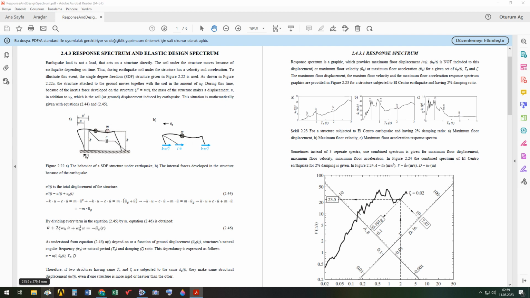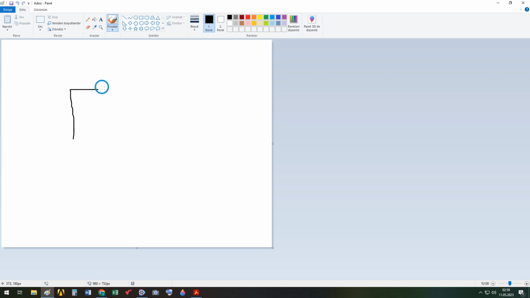For example, consider that we have one huge structure and one small structure. The huge structure has larger dimensioned column cross sections and beam cross sections, and it has a greater lateral stiffness shown with capital K, and the small one has a smaller lateral stiffness.